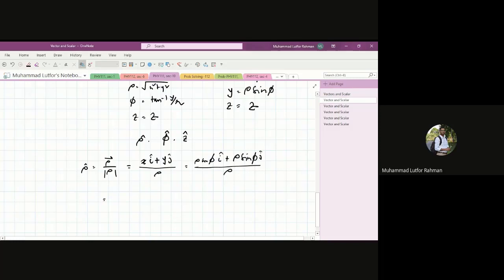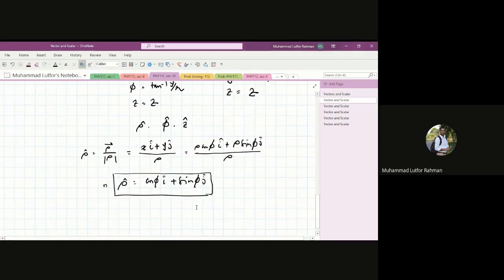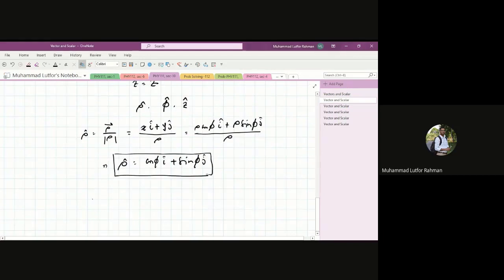In that case, you will find that rho head would be cos phi i head plus sine phi j head. So this is the unit vector in the case of the cylindrical coordinate system. Phi head you can find out using the same idea.